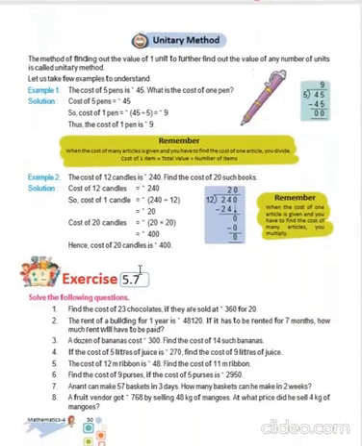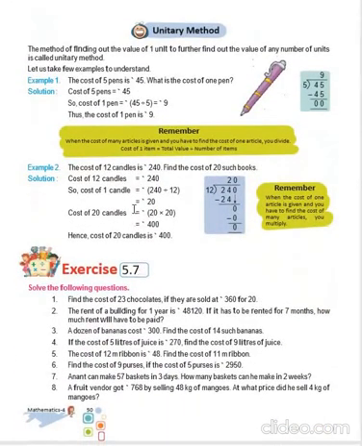Now let's come to the unitary method. Unitary method means the method of finding out the value of one unit to further find out the value of any number of units is called the unitary method. Let's understand this by taking a few examples. The cost of 5 pens is rupees 45.